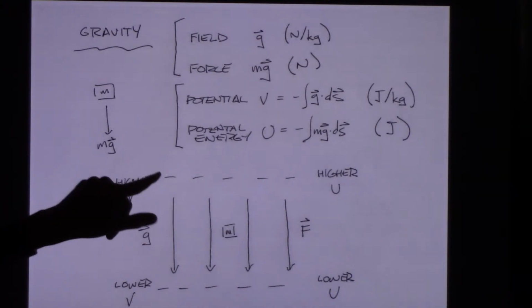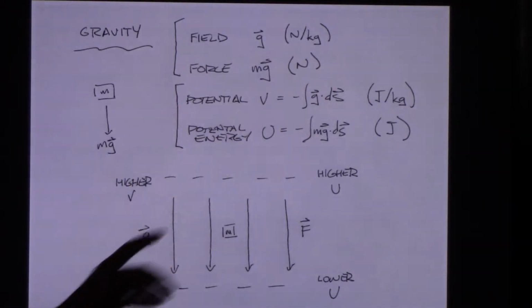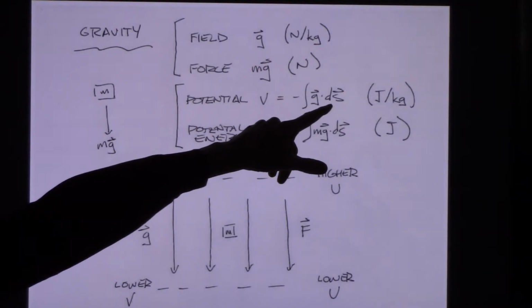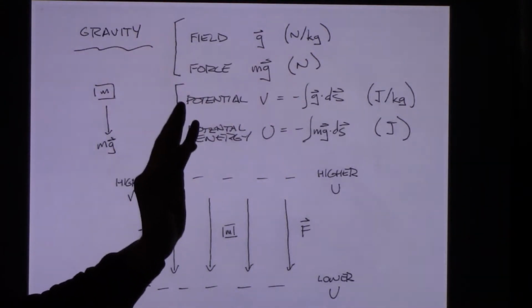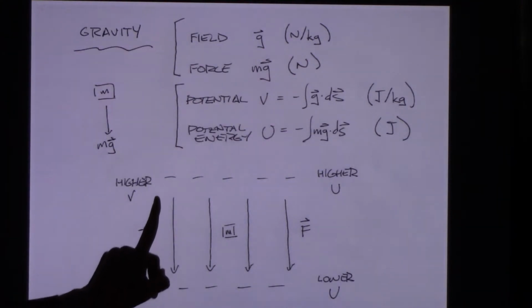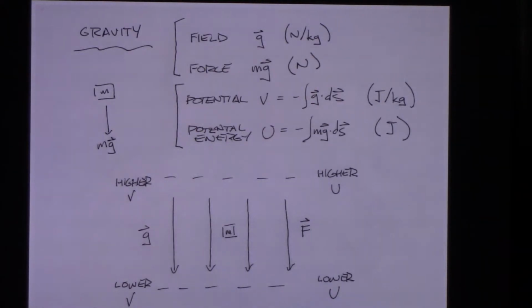Now, what would happen if I reverse direction? What if my path of integration, defined by these little steps of ds, if my ds's are in the vertical direction, that dot product is telling me that I'm actually building up potential rather than decreasing potential.